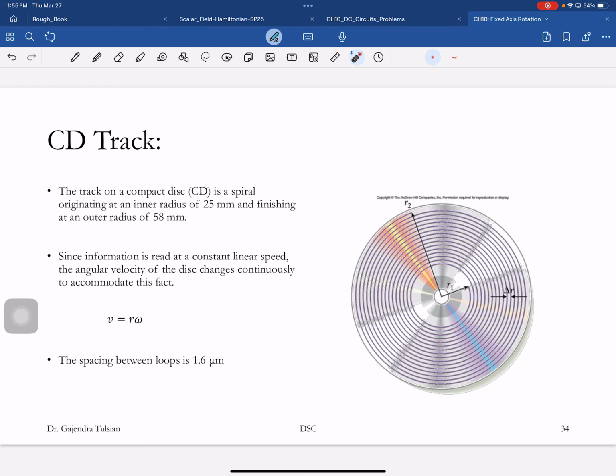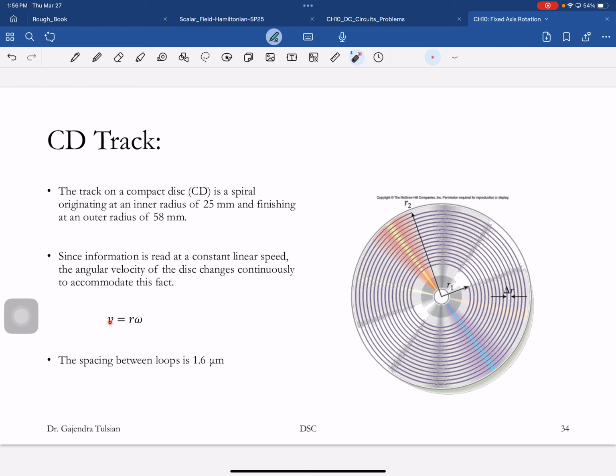Now the deal is the following. For the laser to read, the line has to move at constant speed underneath the laser. You just learned a minute ago, the linear speed v is r times omega. r is the distance from the axis of rotation, and omega is the angular speed.